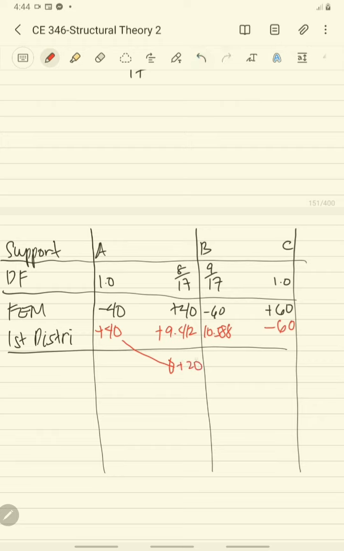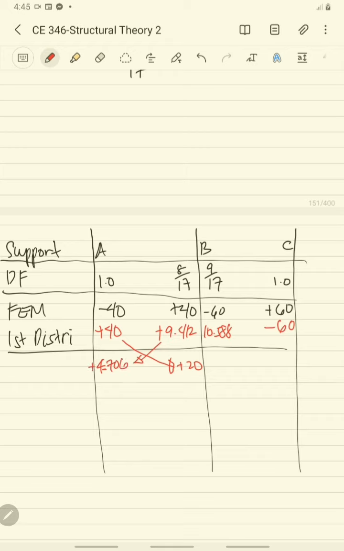For this one, we also carry over 1/2 to the other span. So 9.412 divided by 2 is 4.706, positive.